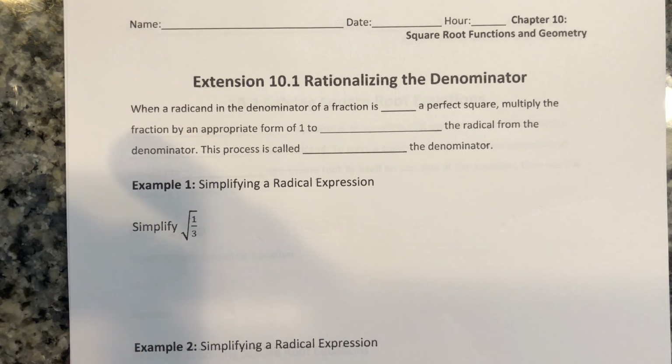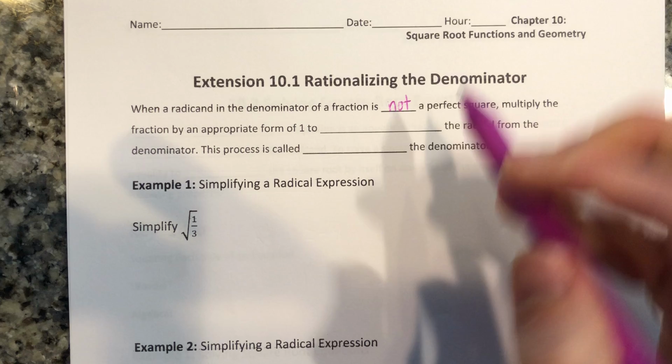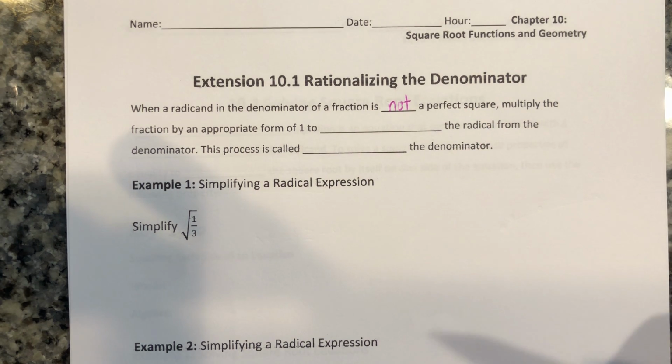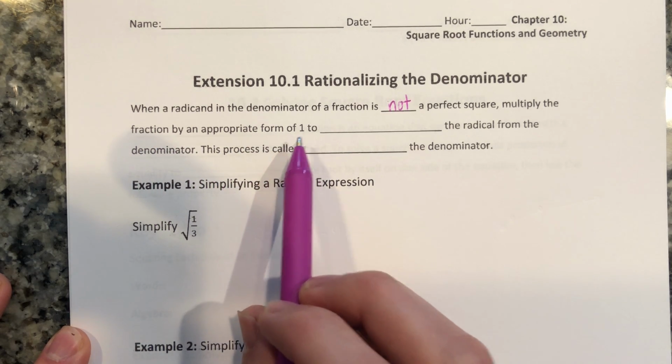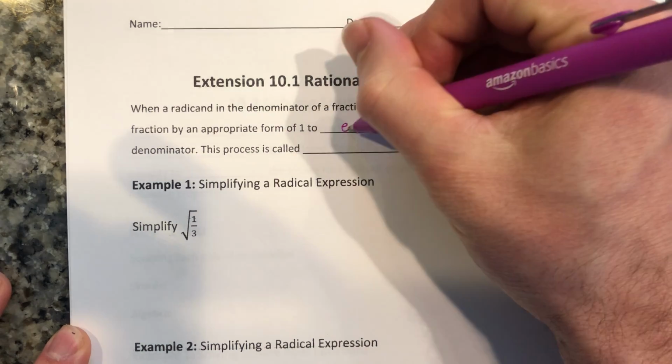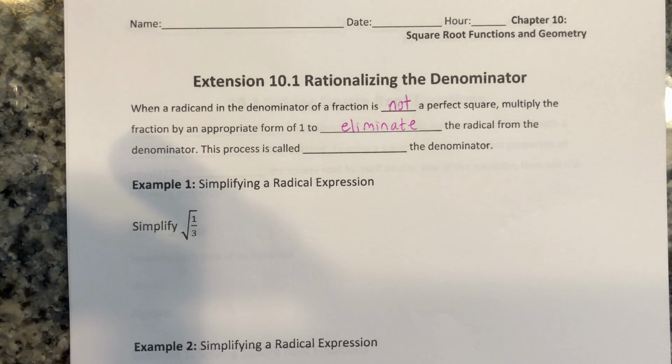To fill in the blanks here: when a radicand in the denominator of a fraction is not a perfect square. Remember all those perfect squares we talked about, like 4, 9, 16, 25, 36, on and on. When we know the denominator isn't a perfect square, we're going to multiply the fraction by an appropriate form of 1, and that's going to eliminate the radical from the denominator.